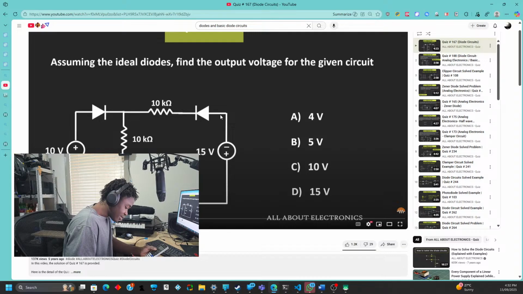So I have minus 15 plus 10 divided by 10 is 1. So this is just 10V minus V1. And what did I write here?